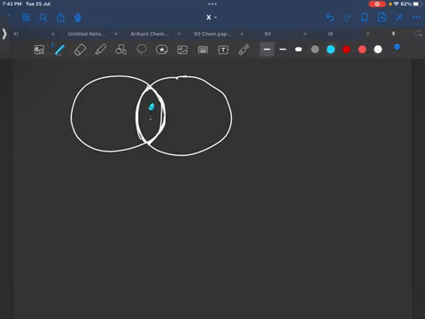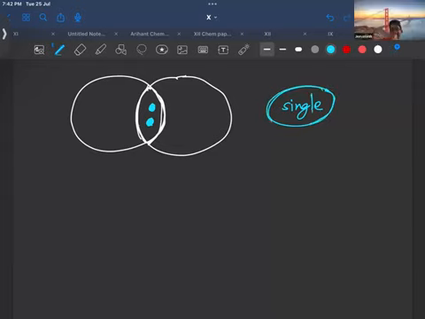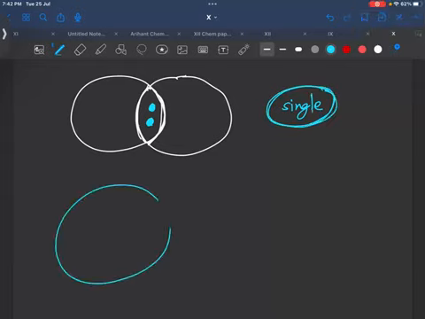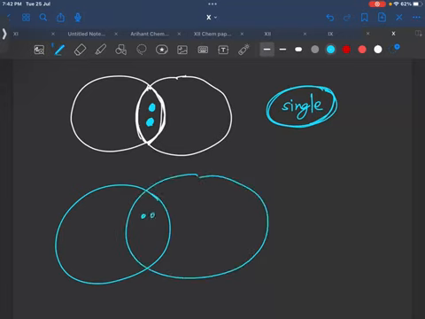If two electrons are shared between them, what kind of bond is formed? A single bond. When you share 4 electrons, it will be a double bond.